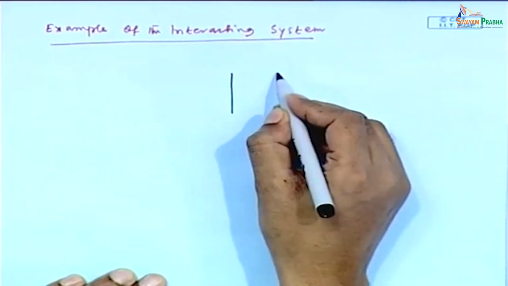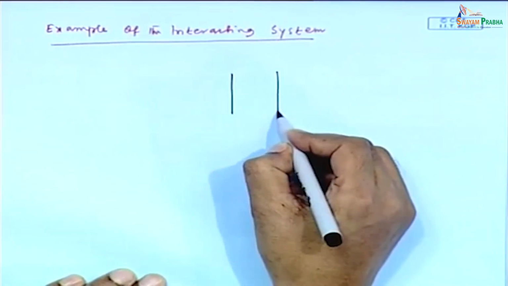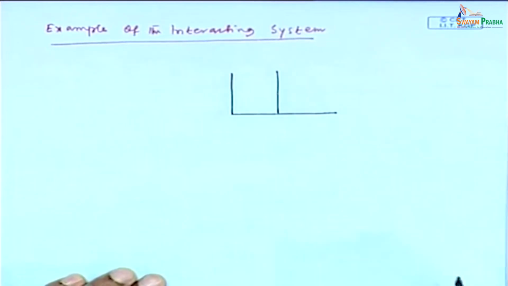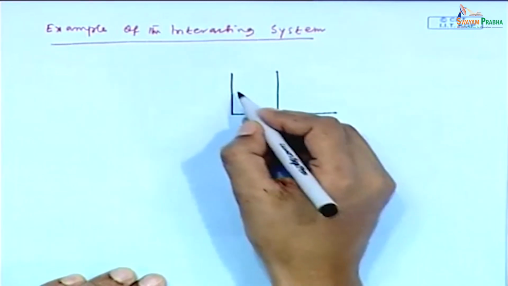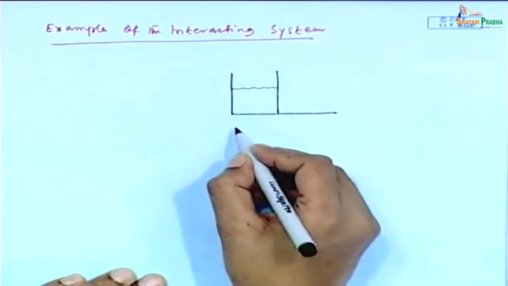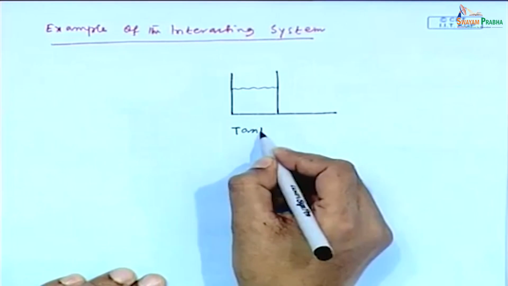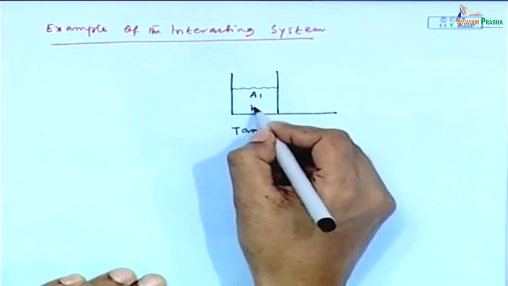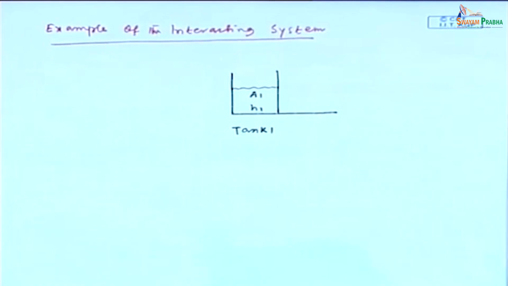For the case of interacting system, similarly we will consider two tanks which are connected in series. This is tank 1, cross sectional area of A1 and H1.